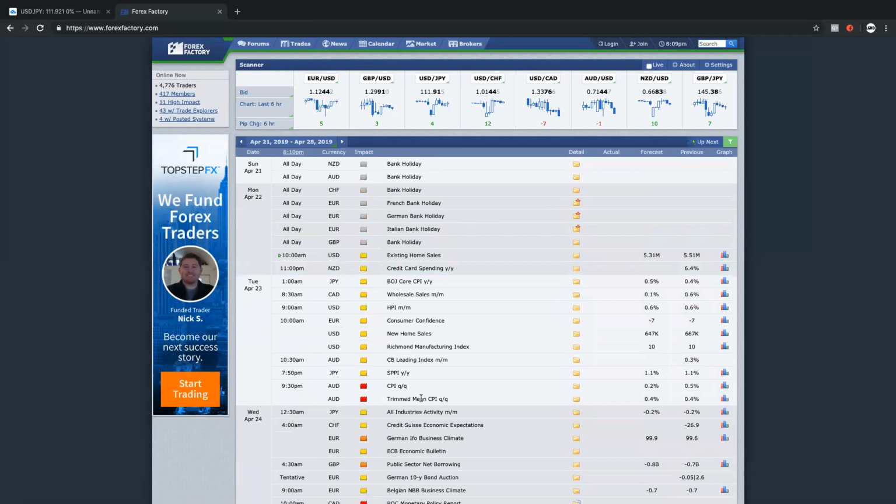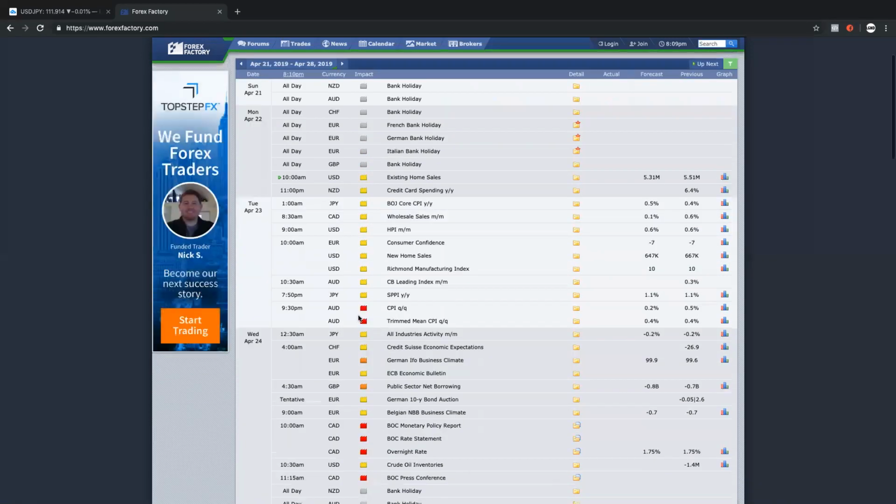The gray and yellow folders are just a whole bunch of information that really doesn't move the market. It's the red folders you want to pay attention to. The red ones and sometimes the orange ones, but primarily the red ones, are what's going to cause the market to move in a direction, whether it's bad news or good news.